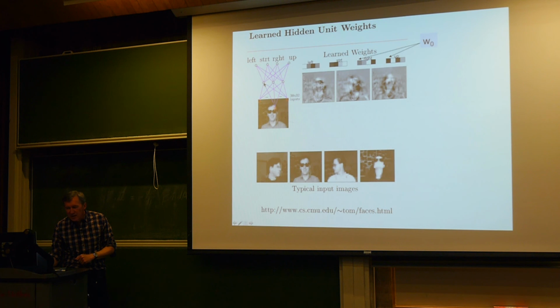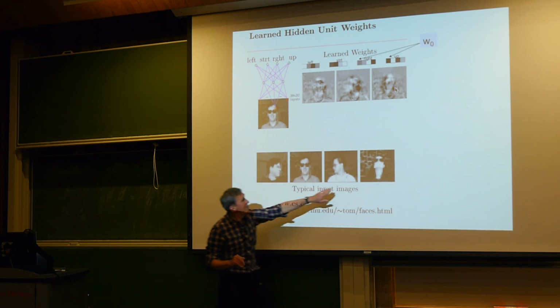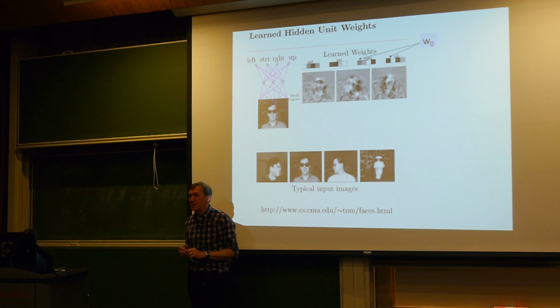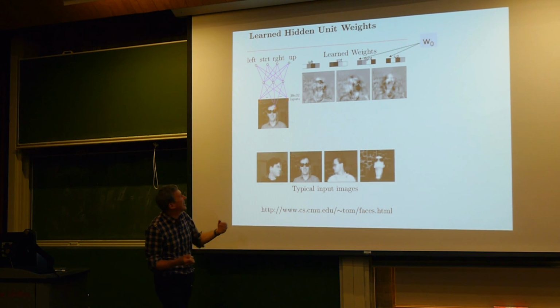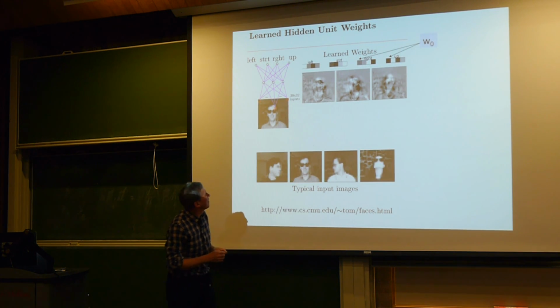We could look at what it's encoding by looking at the weight values from each of the input pixels to that hidden unit. Those weight values are shown here. And for this hidden unit, those are the weights, displayed in the same location where the pixels would be. So you see these weird ghostly face-like displays of weights.